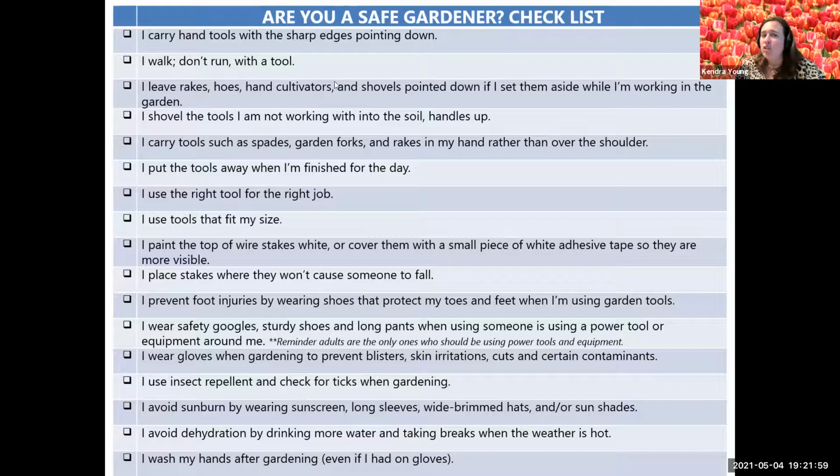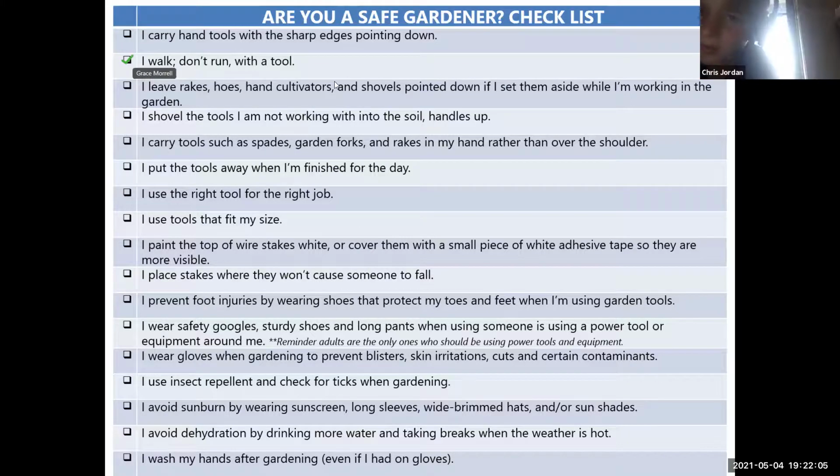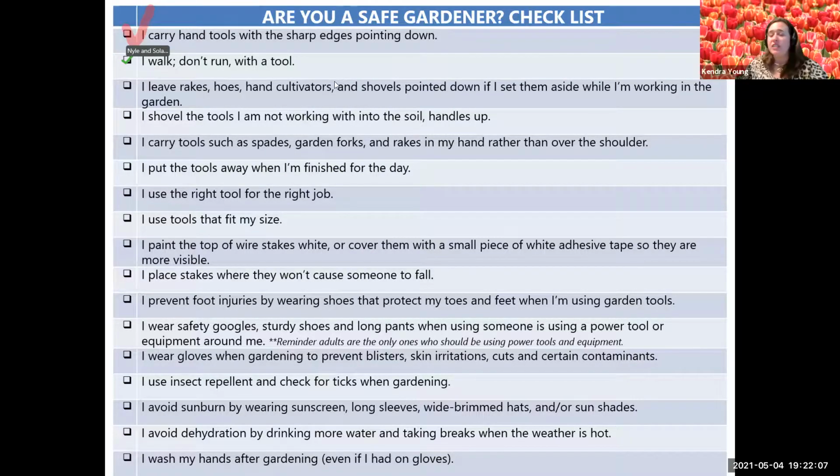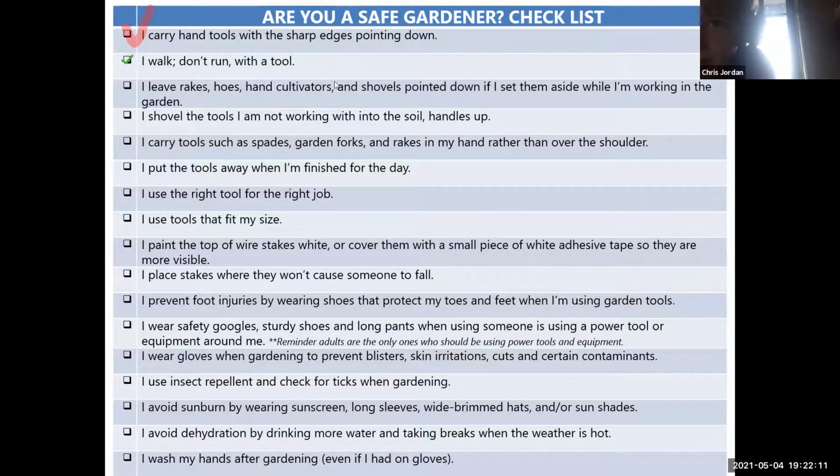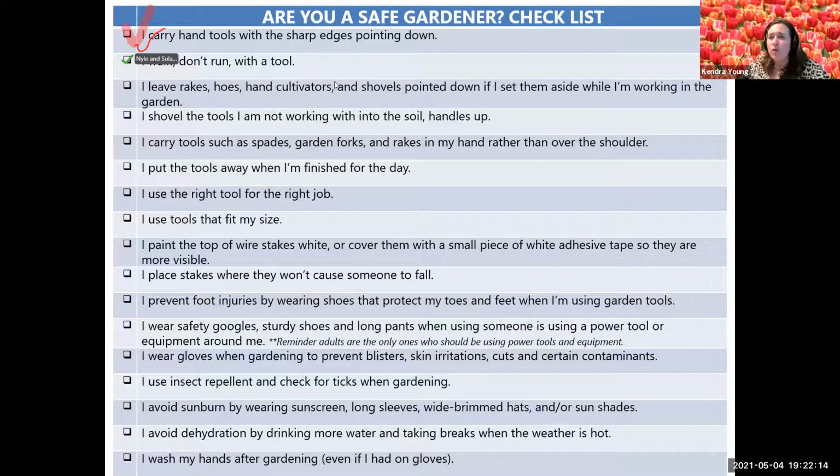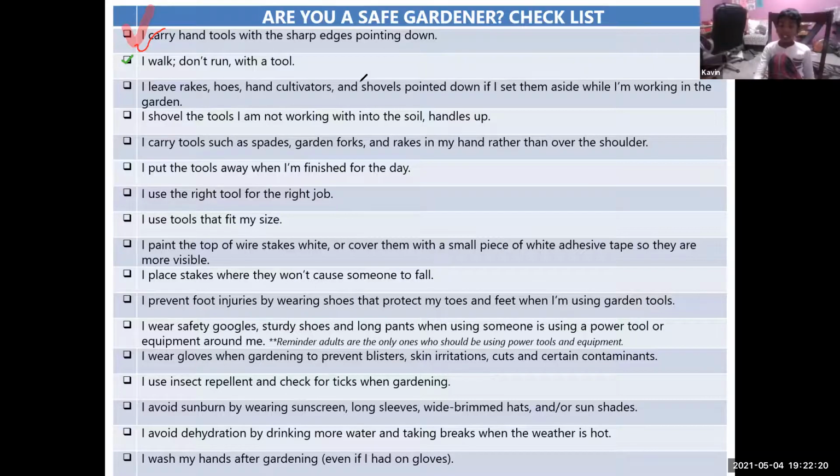I carry hand tools with the sharp edges pointed down. Excuse me? Yes. I don't see that. You don't see annotate? Well, I see annotate, but I don't see the check mark. Okay, so it should be something called stamp. Do you see it when you click on annotate? No, I don't see that. Where is annotate anyway?